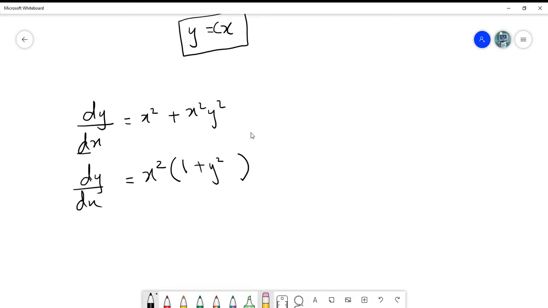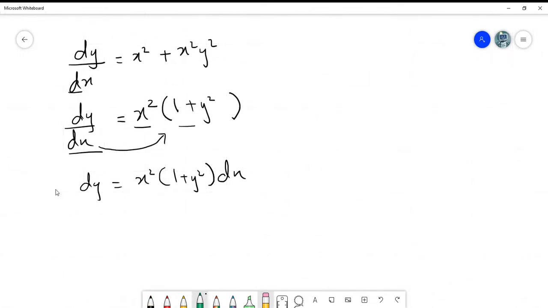Now again, we'll try to separate x and dx. We'll try to bring x square and dx on one side and dy and 1 plus y square on the other side. So what I'll do is I'll take dx on this side, which will leave me with dy equals to x squared 1 plus y squared times dx.